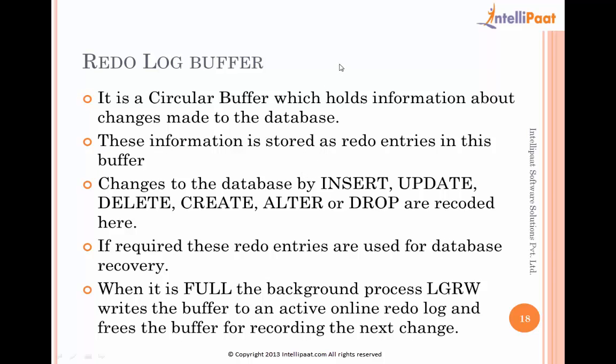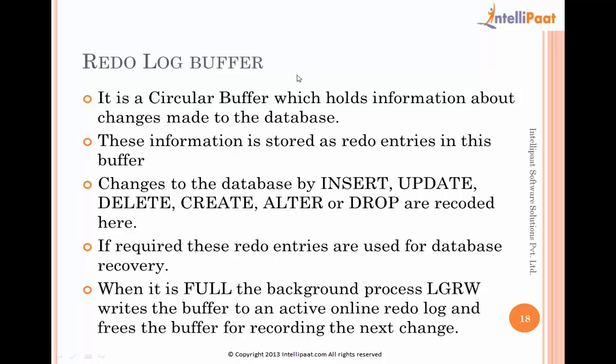The next memory structure is the redo log buffer. It is a circular buffer which holds information about the changes made to the database. Why they call it a circular buffer is because it gets overwritten.